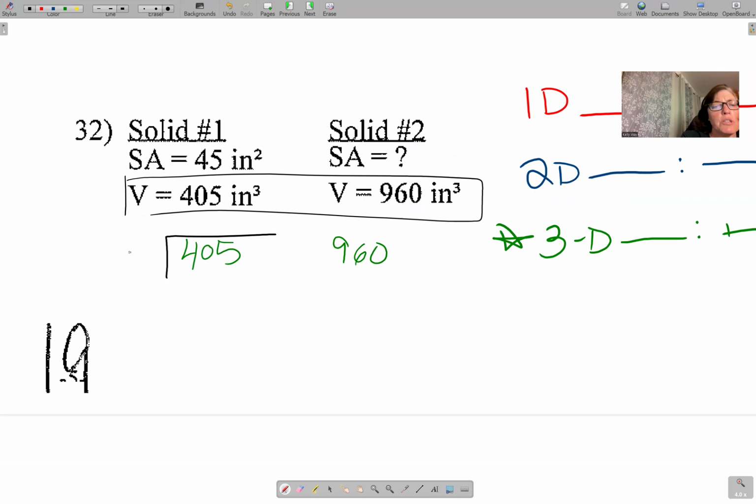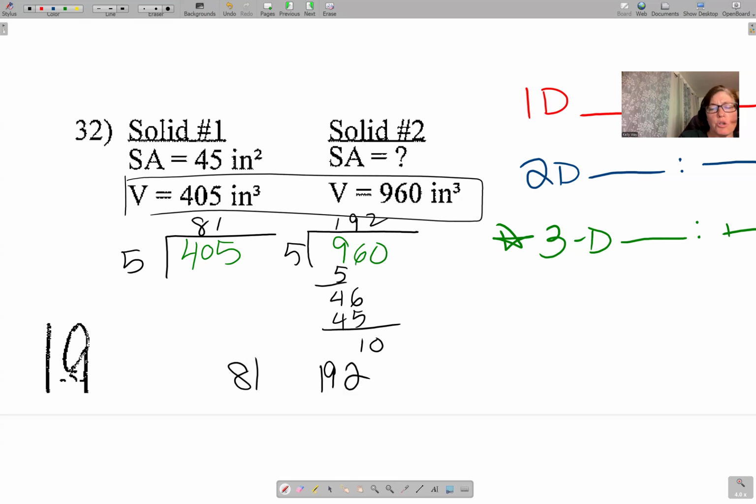So I'm just going to take a 5 into both. I have 81 and 192.